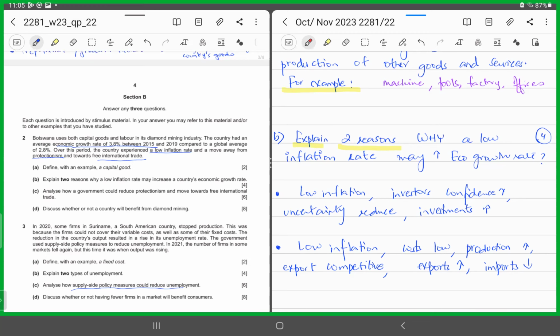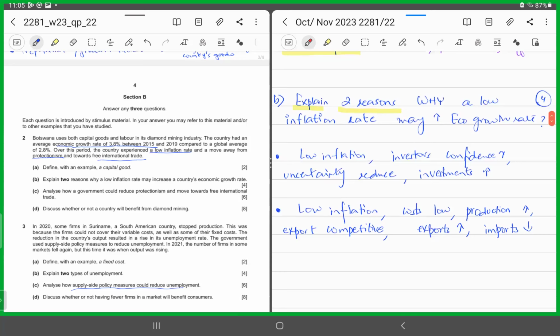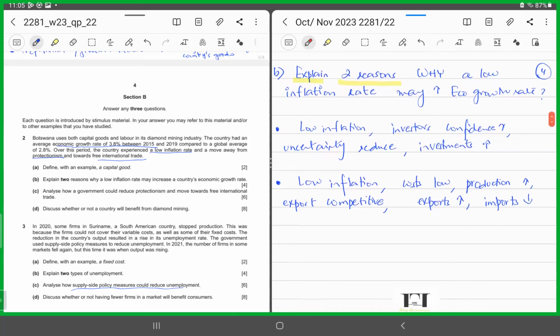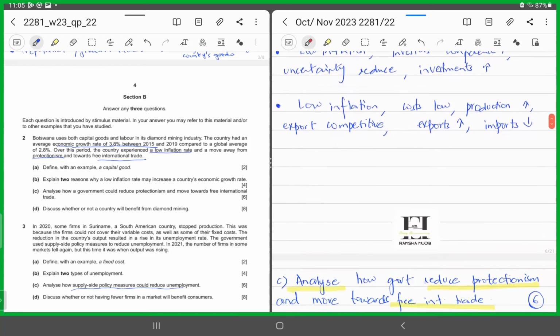When the cost of production is low, exports would be price competitive, and as a result, imports would fall, exports would rise, and the country would witness a higher economic growth rate. The standard of living will rise, right? All right, so you've written these answers, found the valid points, built upon them and explained them well. 4 marks.